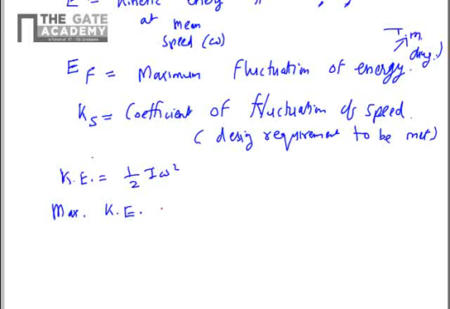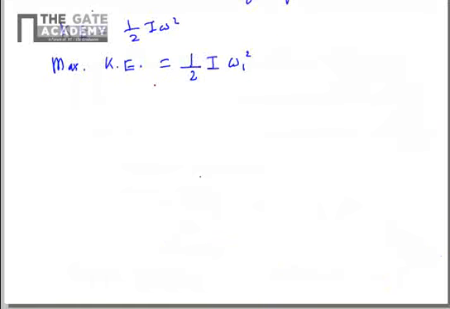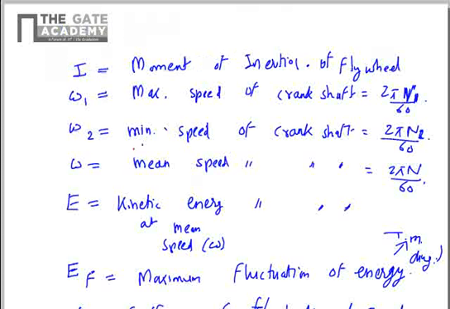Maximum kinetic energy will be half I omega 1 square, because omega 1 is the maximum speed of the crankshaft. Similarly, the minimum kinetic energy of the system will be half I omega 2 square, as the moment of inertia will remain constant, and omega 2 is the minimum speed of the crankshaft.